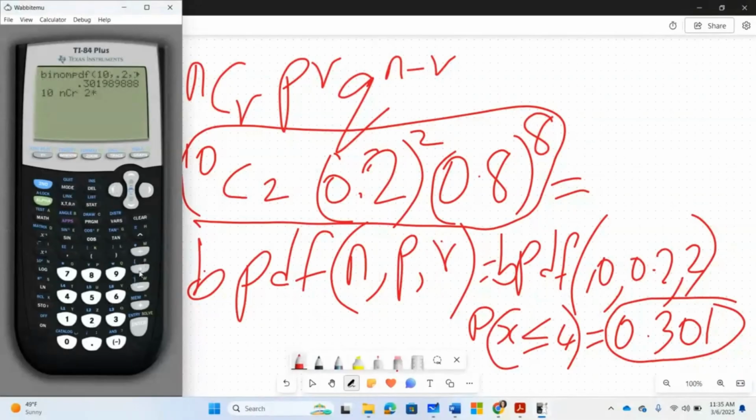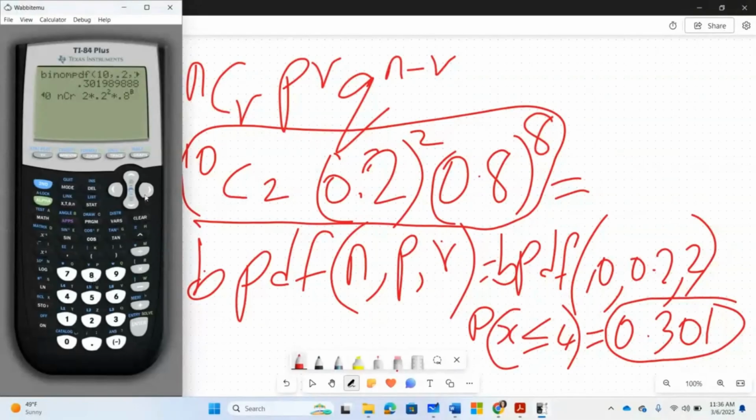What is the probability of success? It is 0.2 to power 2, and then multiply by failure. Failure is 0.8. If I caret, it is 8. That's 10 minus 2.